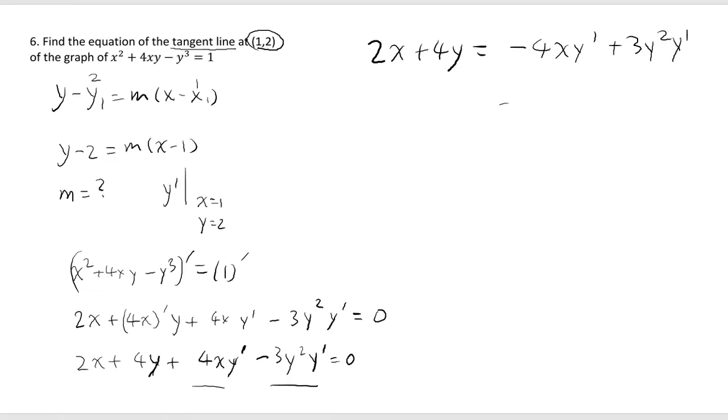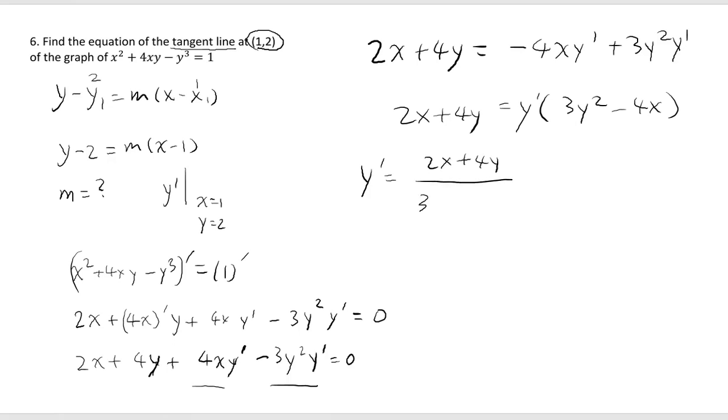When we factor the y prime out, we end up with 3y squared, and then when we take away y prime from here, we get minus 4x. That is 2x plus 4y, and then we divide both sides by this, which gives us y prime equals 2x plus 4y divided by 3y squared minus 4x.